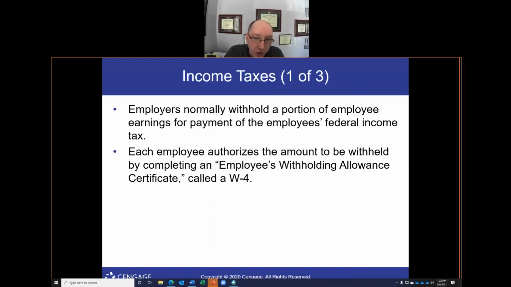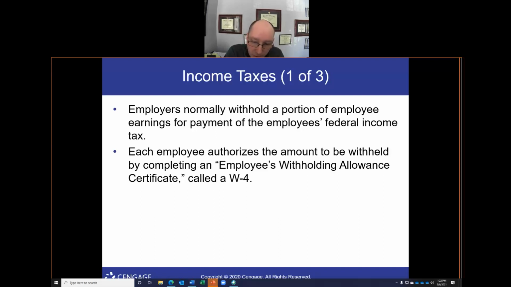Income taxes are declared by employees using this thing called a W-4 form. The W-4 goes to the IRS and tells the IRS how much to withhold from the employee. You're the one that fills that out. When you first get hired, you fill out a W-4. You say how many dependents you have.